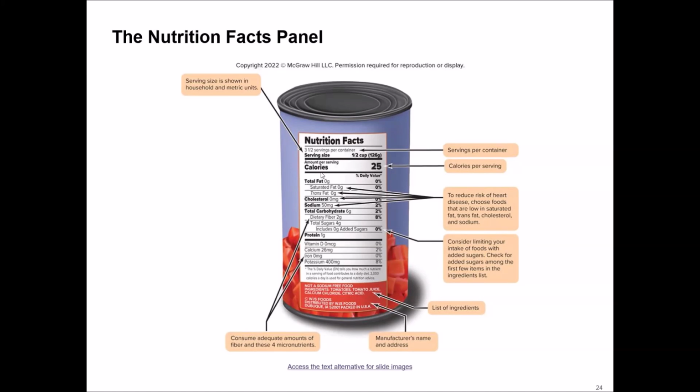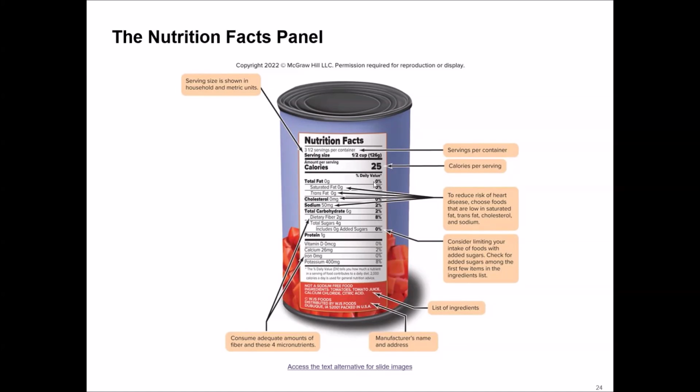So if you eat a 1/2 cup of these tomatoes, that's 25 calories, right? If you eat the entire can of tomatoes, you would have to do a little calculation to figure out how many calories there are, because it's 25 calories per serving. Well, there's 3.5 servings in one container. So you would have to multiply those two numbers.